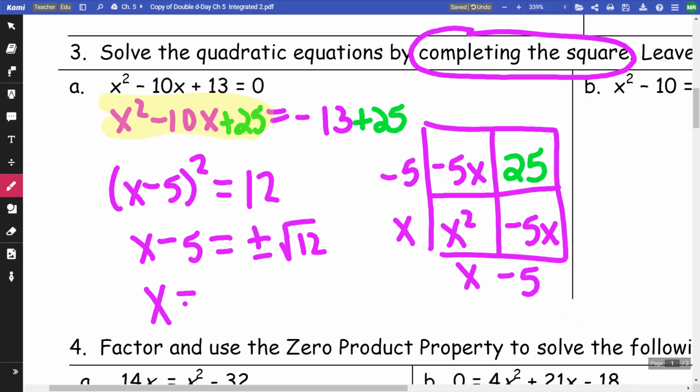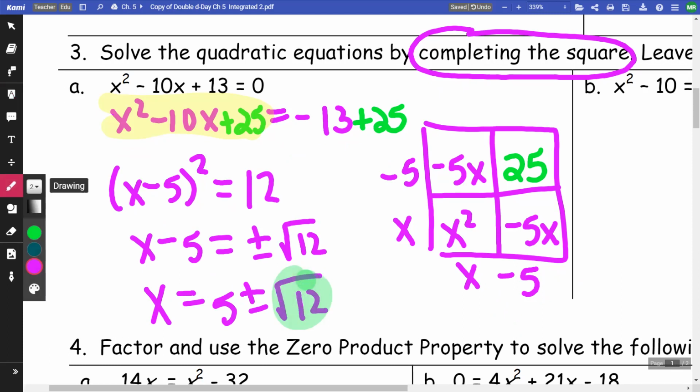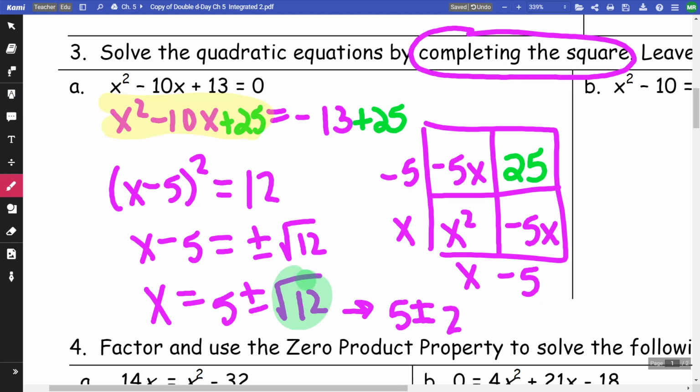And then I am going to be adding 5 onto it. Now to clean up this 12, this is a 4 and a 3. So this is going to be 5 plus or minus the square root of 4, which is 2 root 3. And that is our cleaned up answer.